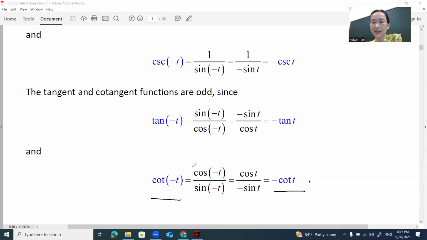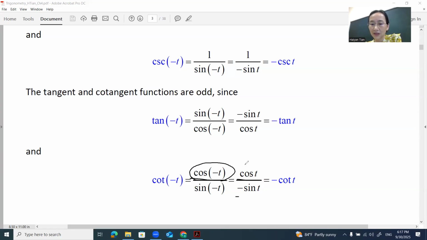How do we prove it? We're using what we already know. That means cotangent is the ratio of the cosine and sine, right? So we rewrite this cotangent at negative t, and then use the even and odd property of cosine and sine.